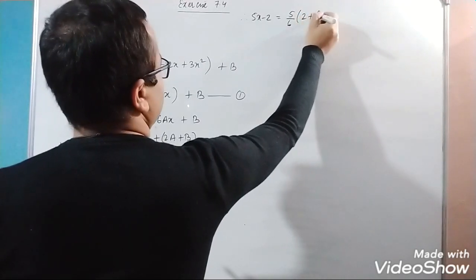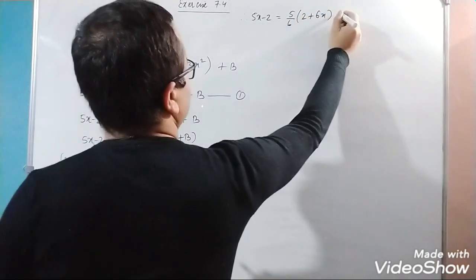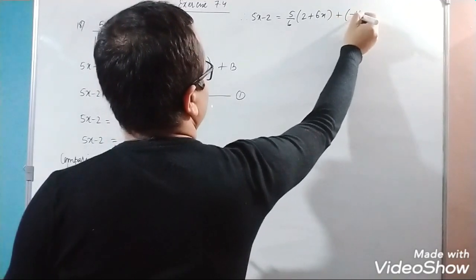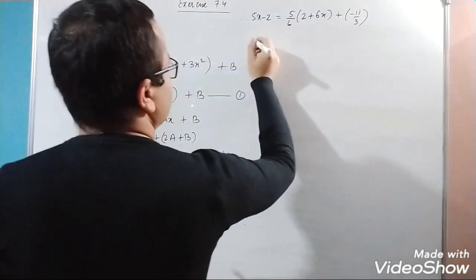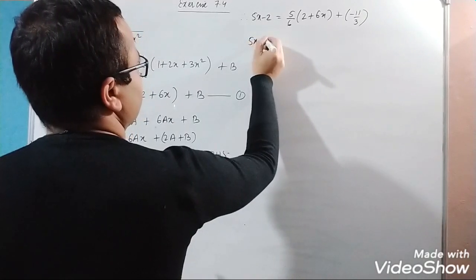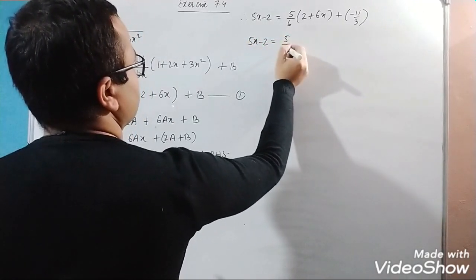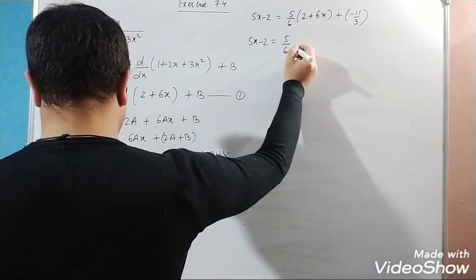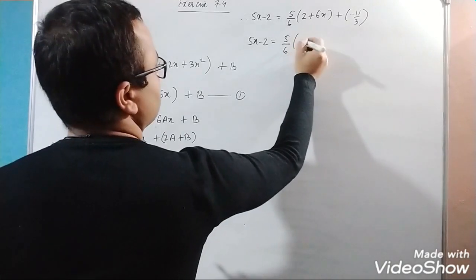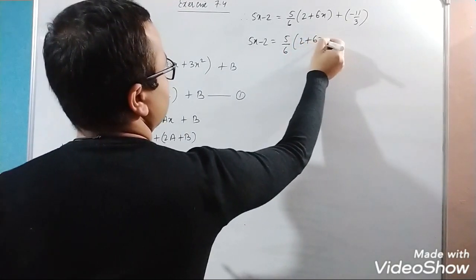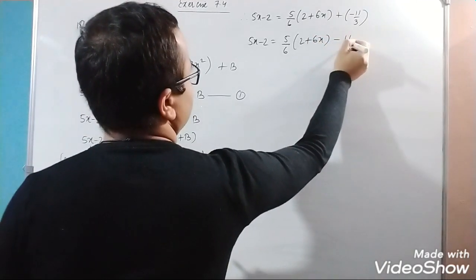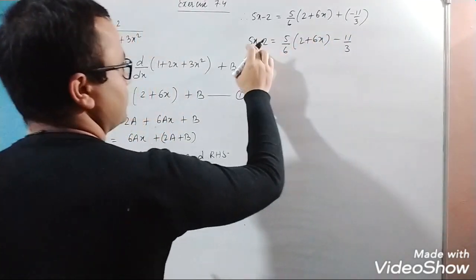Into 2 plus 6x, plus b which is minus 11 by 3. 5x minus 2 equals 5 by 6 into 2 plus 6x minus 11 by 3. If you simplify this, you will get 5x minus 2.